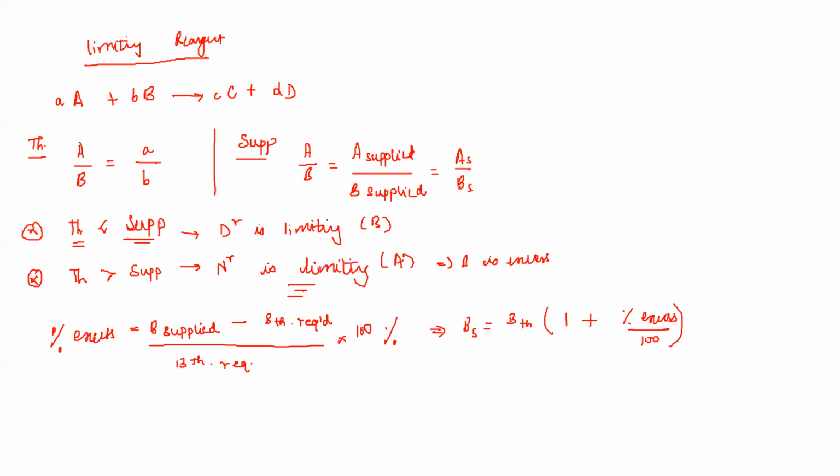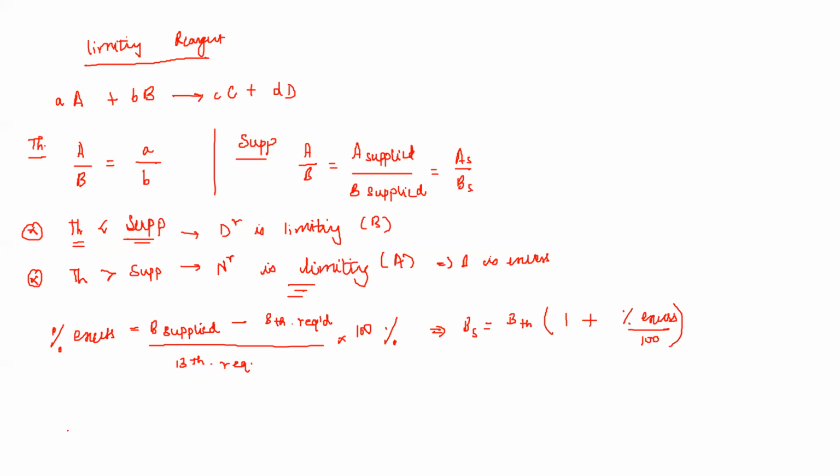I gave you an example: if you have B in 40% excess, then that is going to be 1.4 times B theoretical, because here you put 40. So 1 plus 40 by 100, that is 1.4 into B theoretical equals B supplied. So percentage excess can also be greater than 100. That's no question, it can be greater than 100 as well.